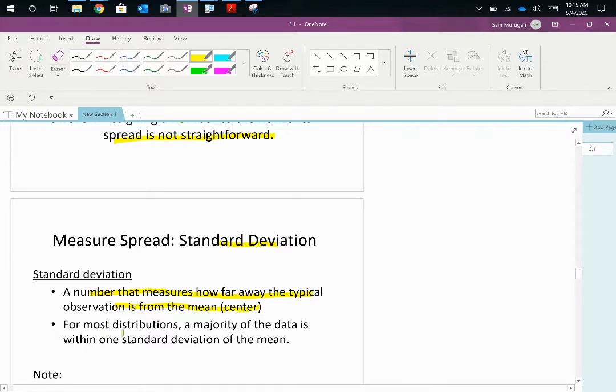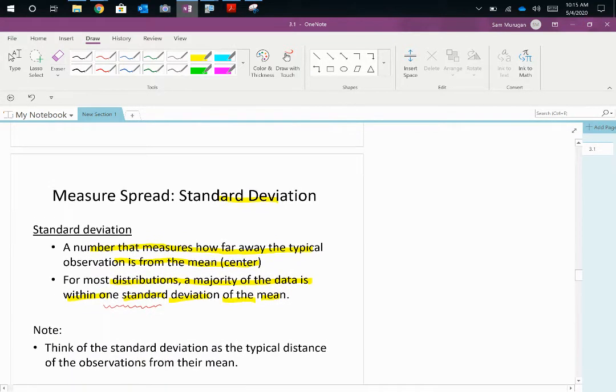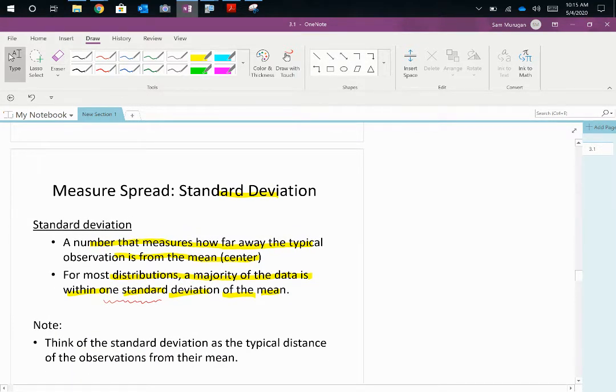Okay, all of these are definitions. For most distributions, a majority of data is within one standard deviation of the mean. Think of standard deviation as the typical distance of the observations from their mean.